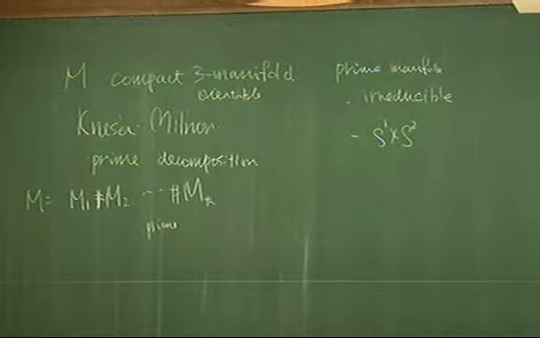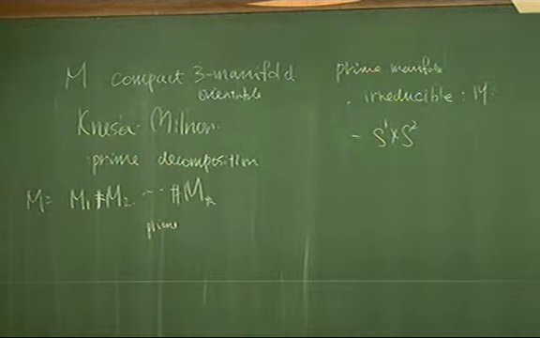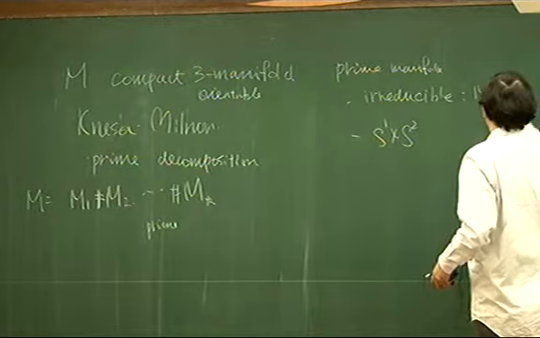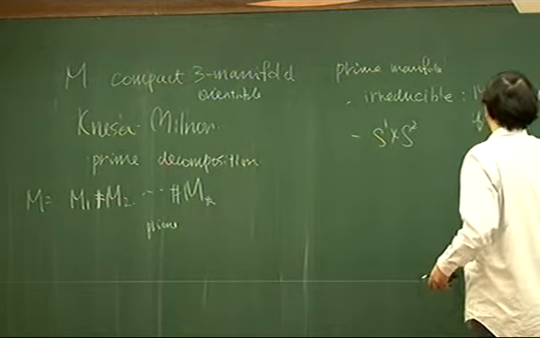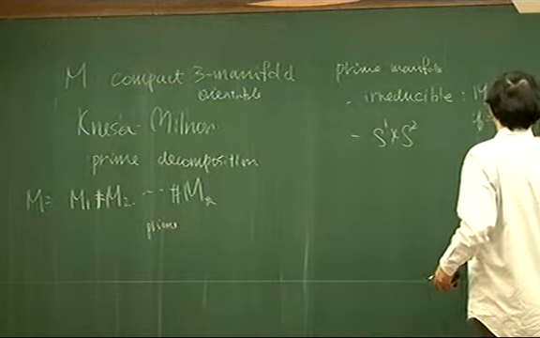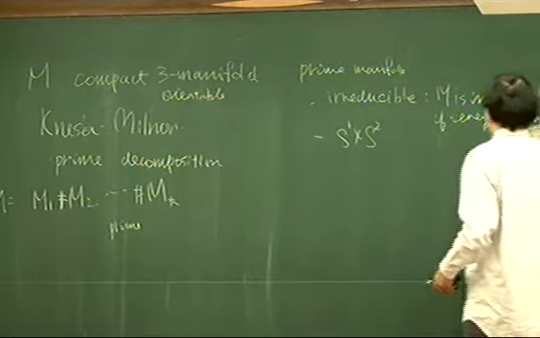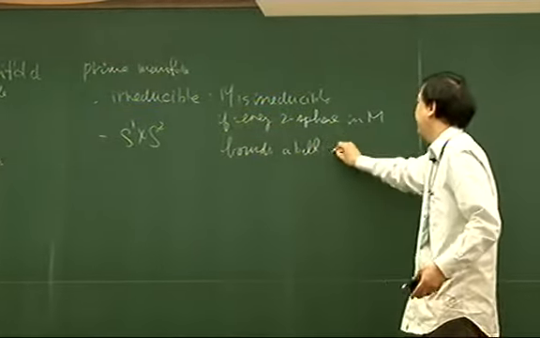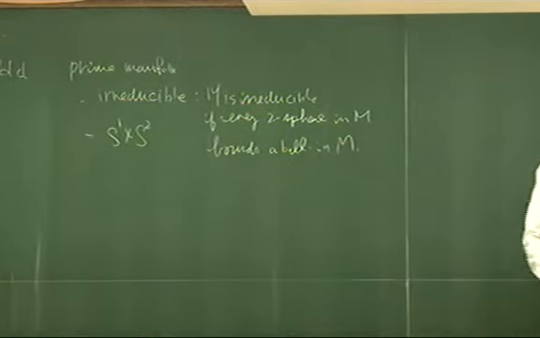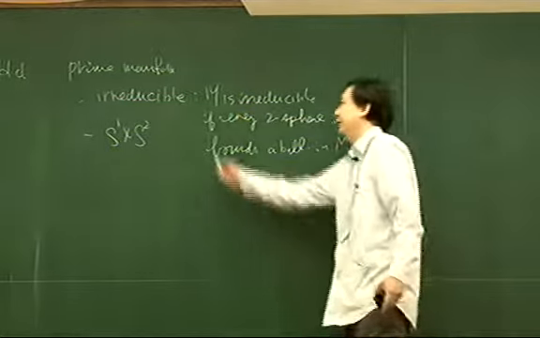A three-manifold is said to be reducible when not every two-sphere in M bounds a ball in M. It means that if there's no essential embedded two-sphere, then the manifold is said to be irreducible.